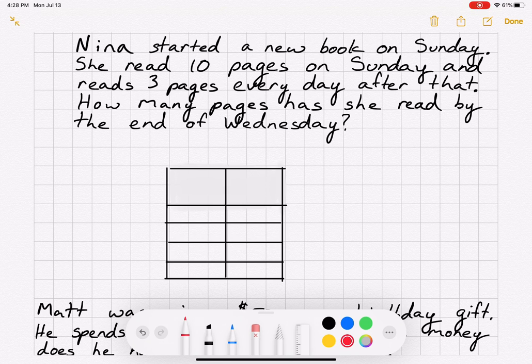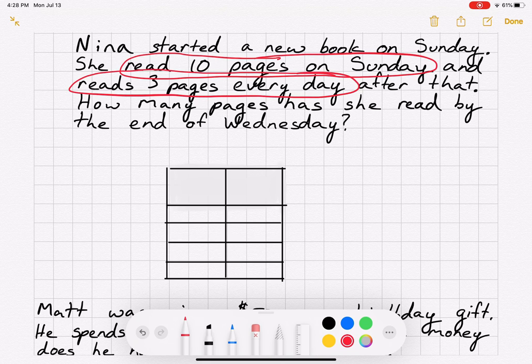How many pages has she read by the end of Wednesday? So, what do I need to know? Well, she read 10 pages on Sunday and 3 pages every day after that. Okay, so do we know our starting number? We know our starting number is 10, right? Because she read 10 pages.